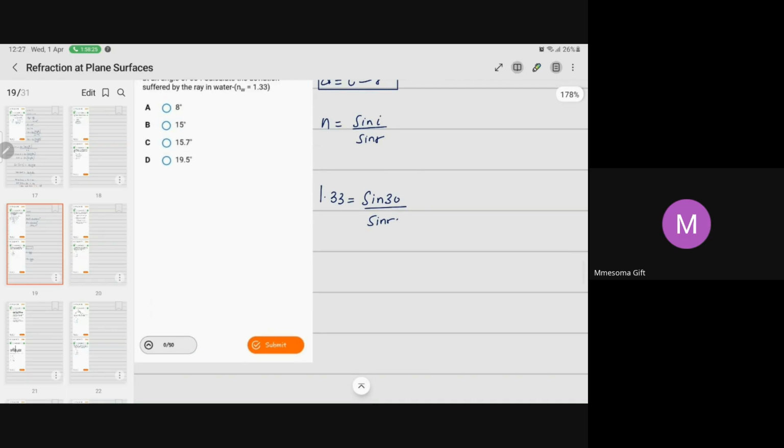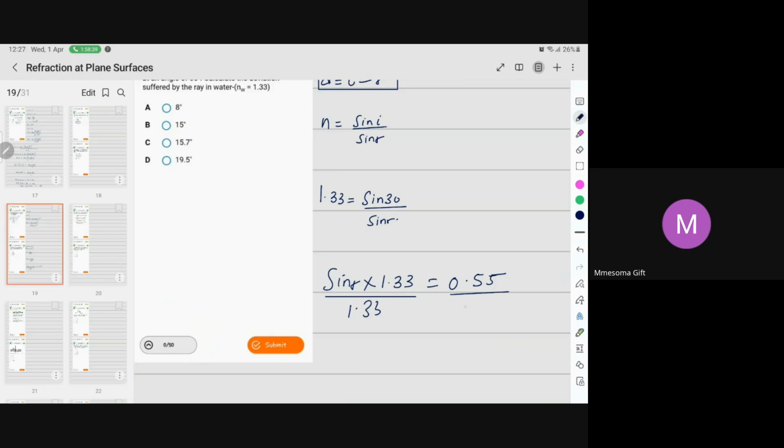Hope we are following, brethren. It means that sine R times 1.3 is equal to 0.5. I'm going to divide both sides by 1.3, here by 1.33. Please, this is 0.5, not 55. So that sine R is equal to 0.5 divided by 1.33.